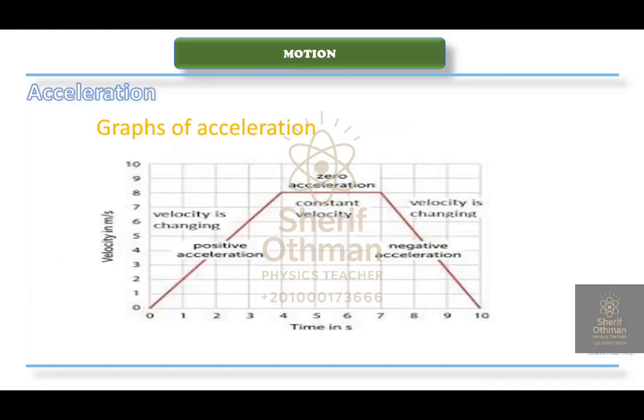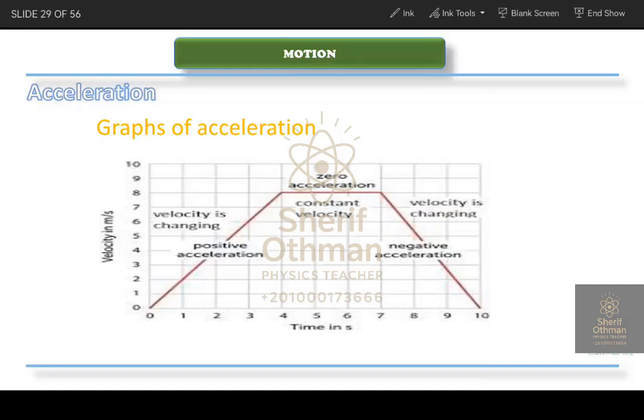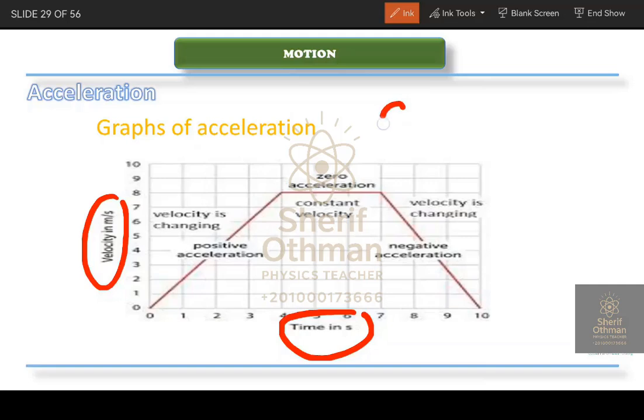The graph which represents acceleration, guys. This graph is between two physical terms: one of them is velocity and the other one is time. As we said, acceleration is the change in velocity over time.